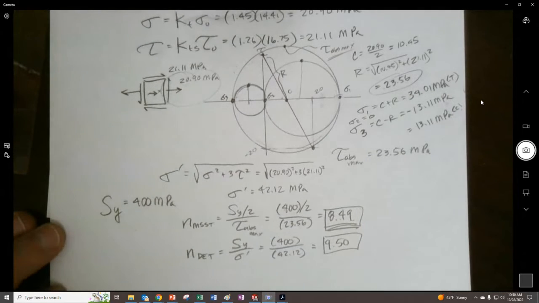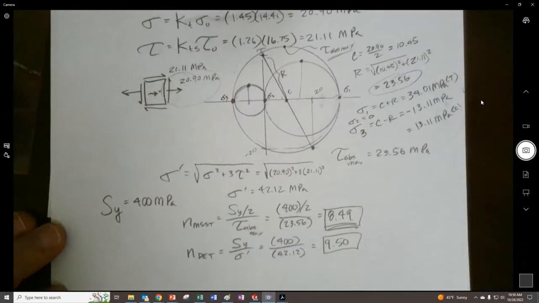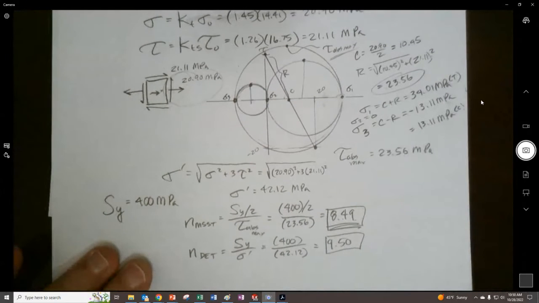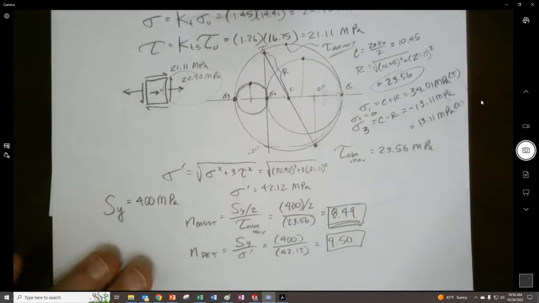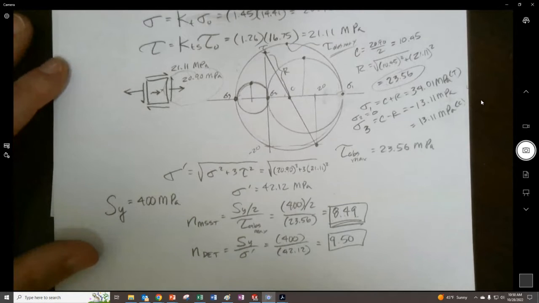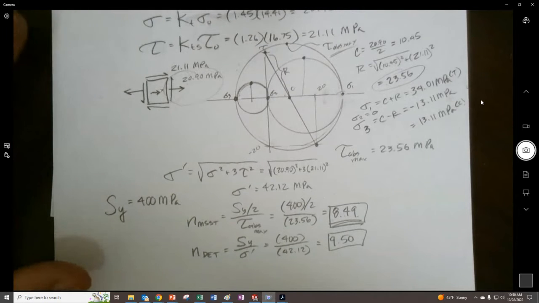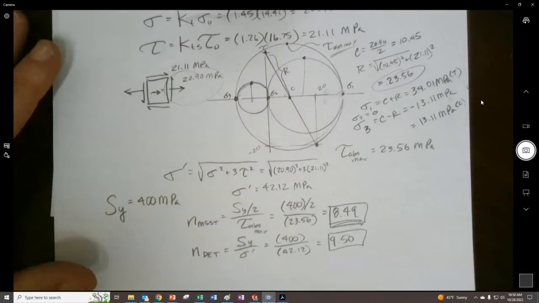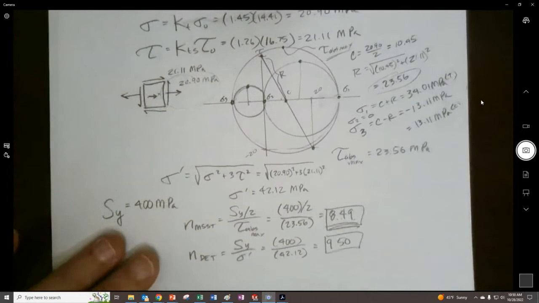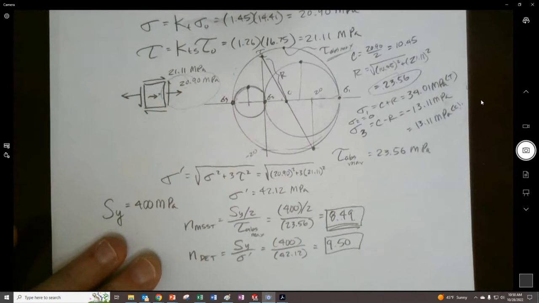So there you go. I did a long problem, but you know what? Usually it's going to be a shorter problem for an exam, because this actually took me like 40 or 45 minutes, which is too long for a problem. I usually try to time it at about half of the 75, so 37.5 minutes.